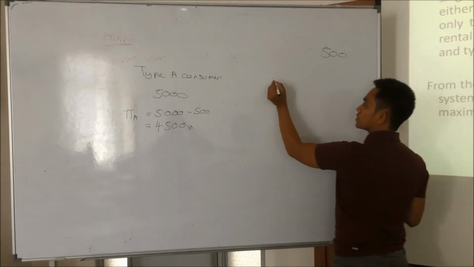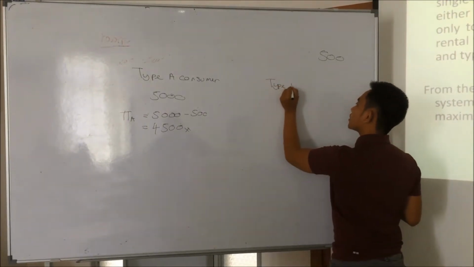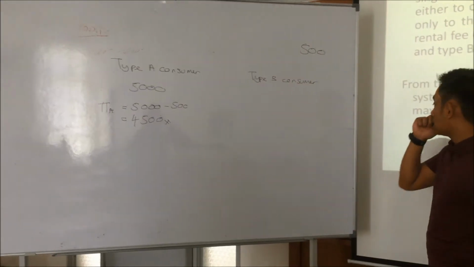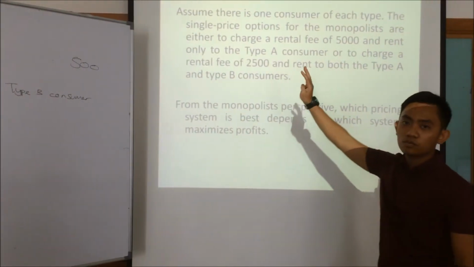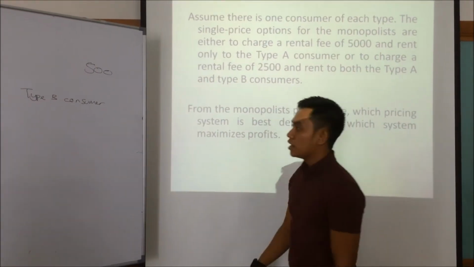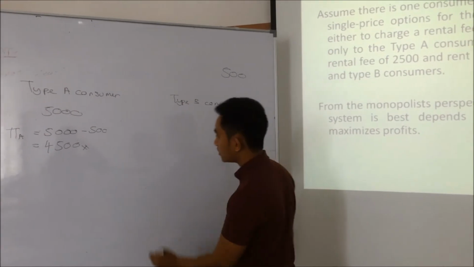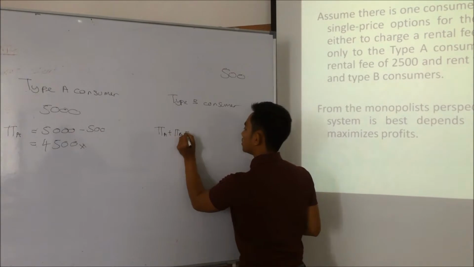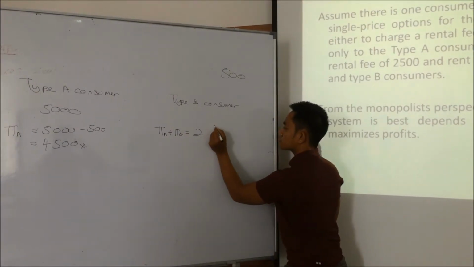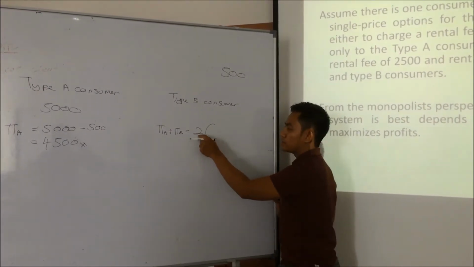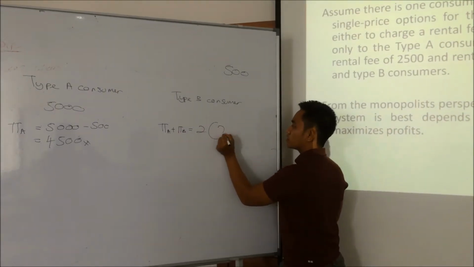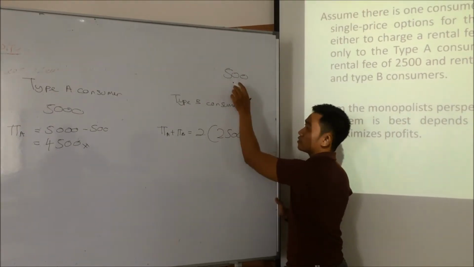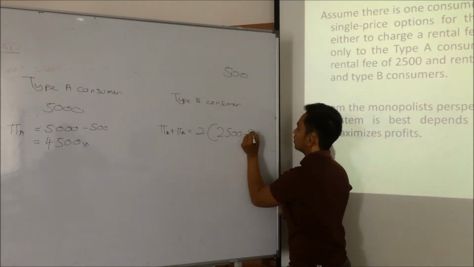Now this is for the type B consumer. Because the type B consumer is combined with type A and type B, the calculation is profit of A plus profit of B, so 2. Combination of type A and type B, that's why the 2. 2,000 and 500 minus the fixed amount of 500 from the previous question.